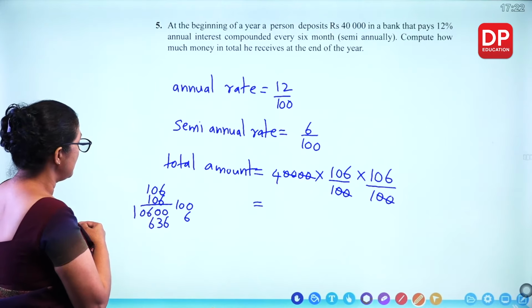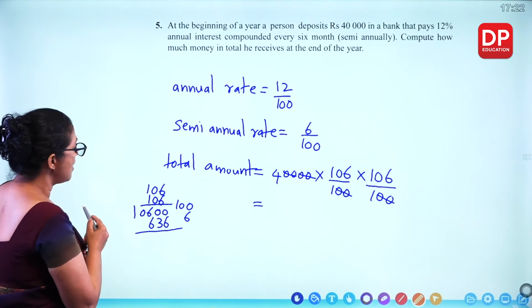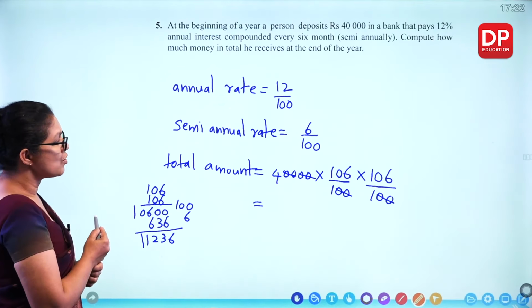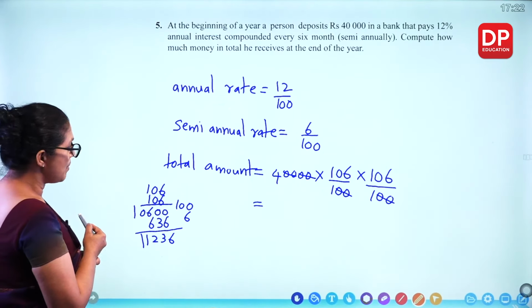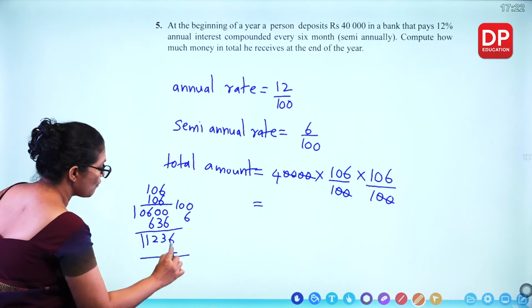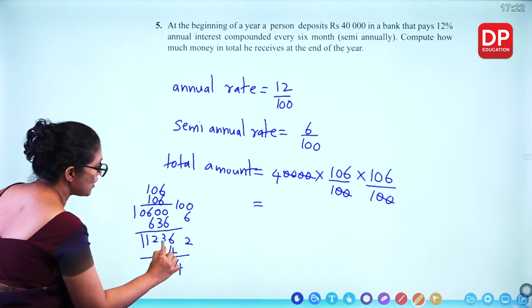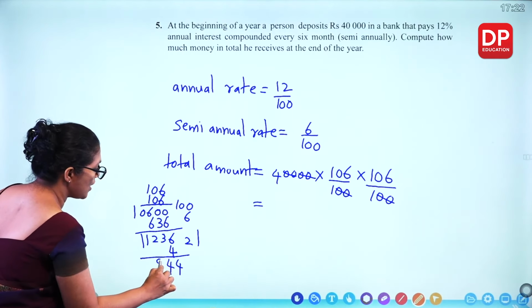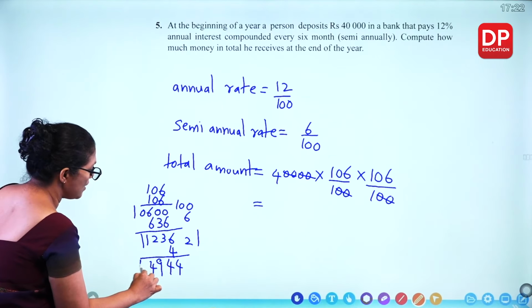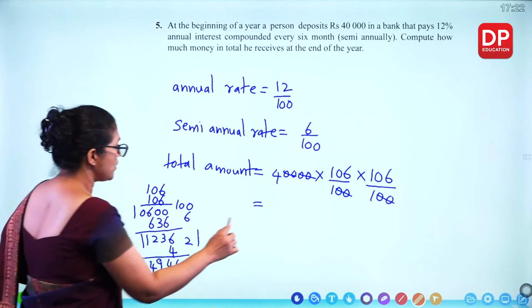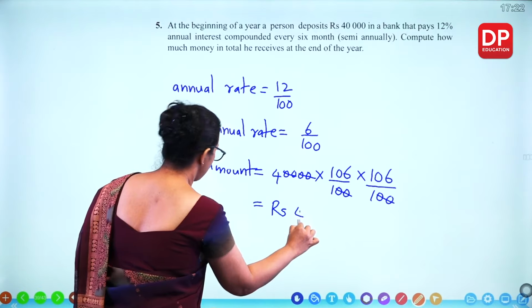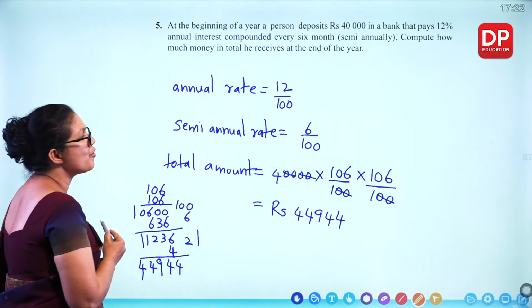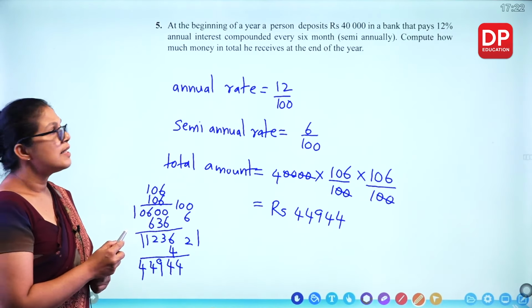And when you add, you get 11,236 multiplied by 4. 4 times 6, 24. 4 times 3, 12 plus 2, 14. 4 times 2, 8 plus 1, 9 and 4 and 4. 44,944 rupees is the total amount.